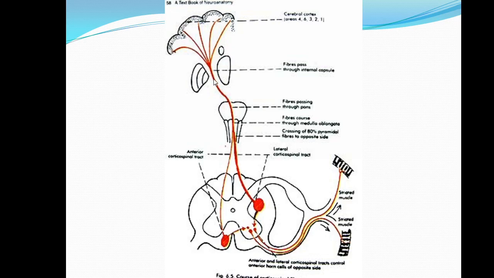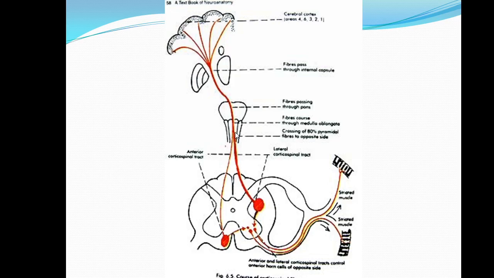From the internal capsule, the fibers descend in the crus cerebri of the midbrain, then pass through the basilar part of the pons.